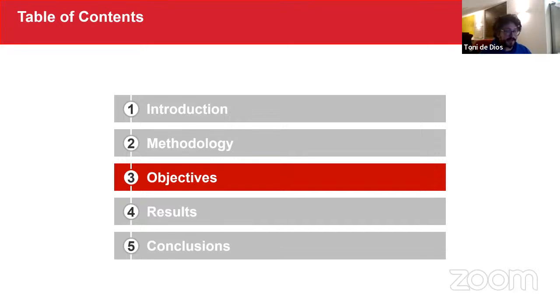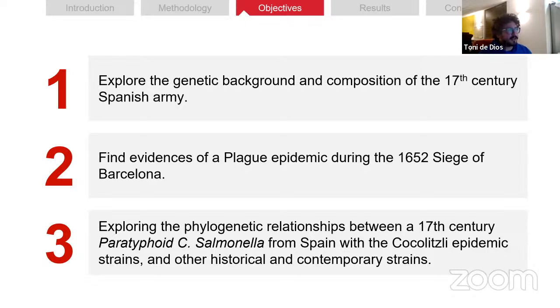So, now that we have seen all the particularities of ancient DNA and the things that we have to take into consideration when we are working with it, the main objectives of this particular project were, from a human genetics point of view, to try to know which population served in the Spanish army during the 17th century, more like a curiosity.